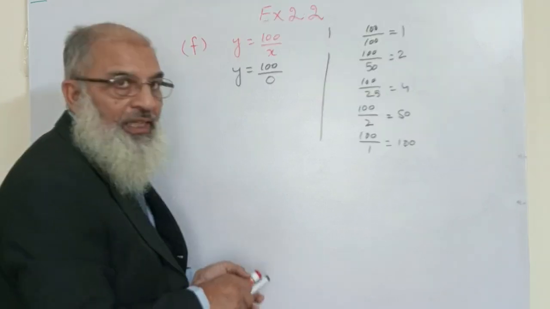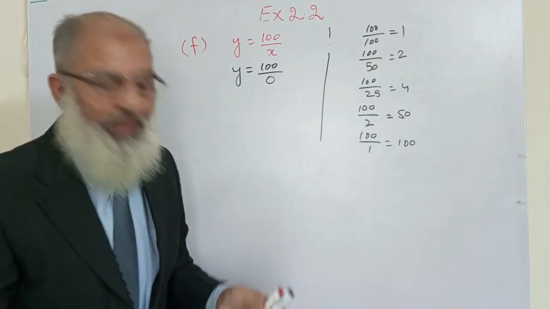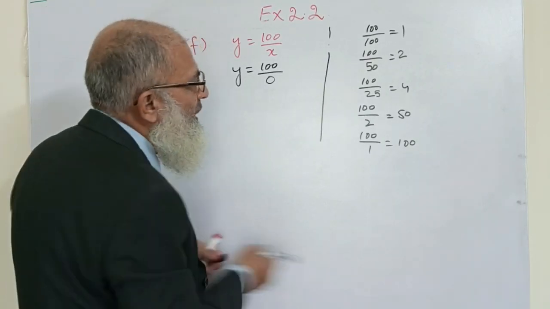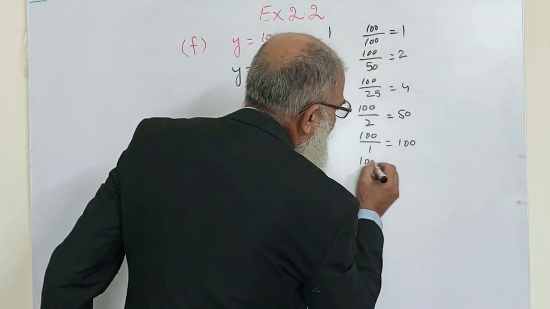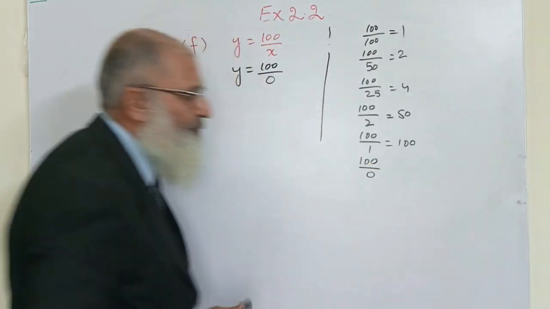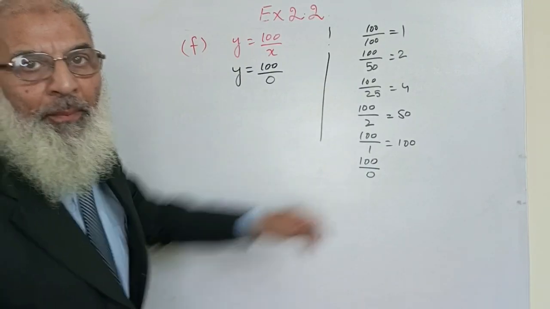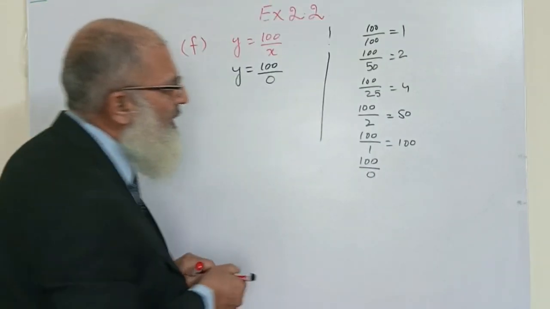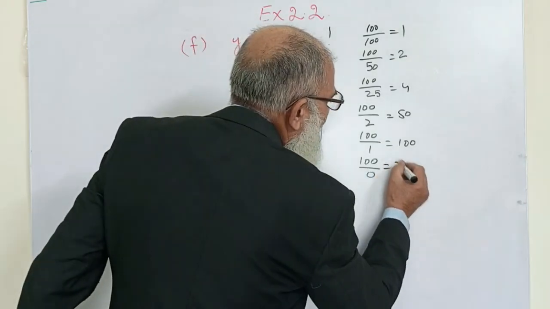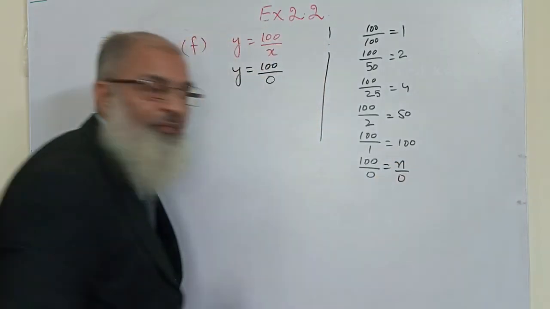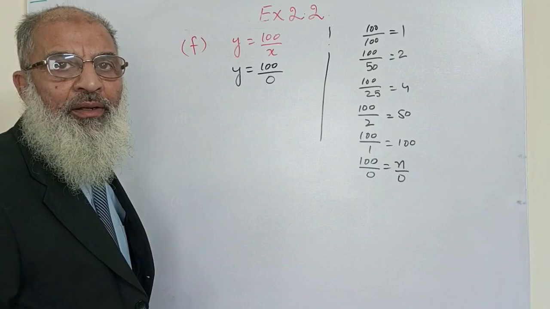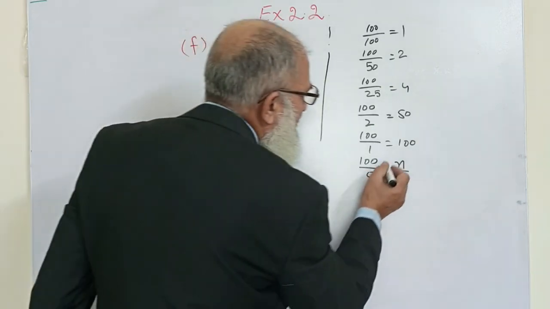And when we decrease it so much so that it becomes 100 divided by 0, now what will happen over here? 100 divided by 0 or anything divided by 0. Let me do it this way: n divided by 0, what will happen then?